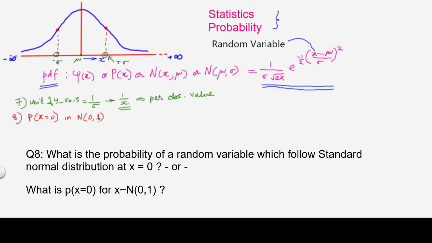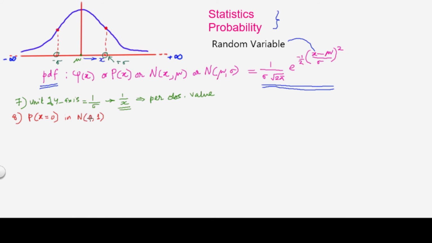So you can see the height of a standard normal curve. Here mu becomes 0 and the standard deviation becomes 1, and p of x equal to 0 corresponds to this point. Otherwise, in the sketch, the height here, or the ordinate here, is the answer.